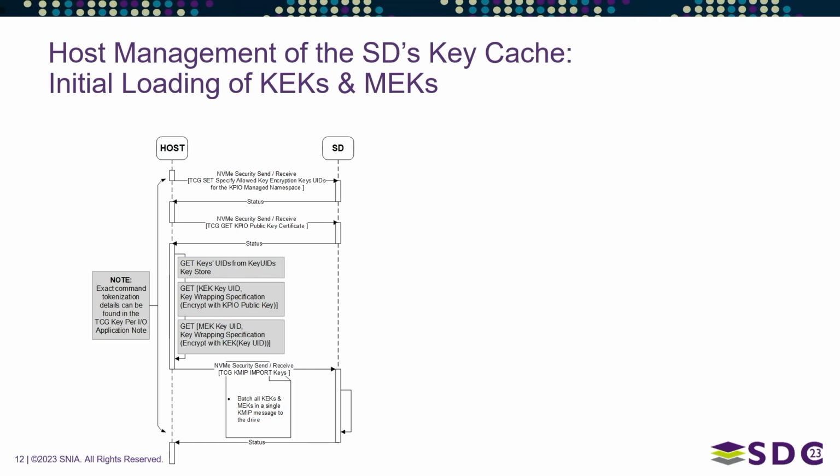Now, you don't have to be KMIP literate, because KMIP is the key management interop protocol from OASIS, and it's used for key management servers communicating with key management servers and various clients working with key management servers. In this case, we're using a fairly small subset of KMIP for things like gets and sets and queries.